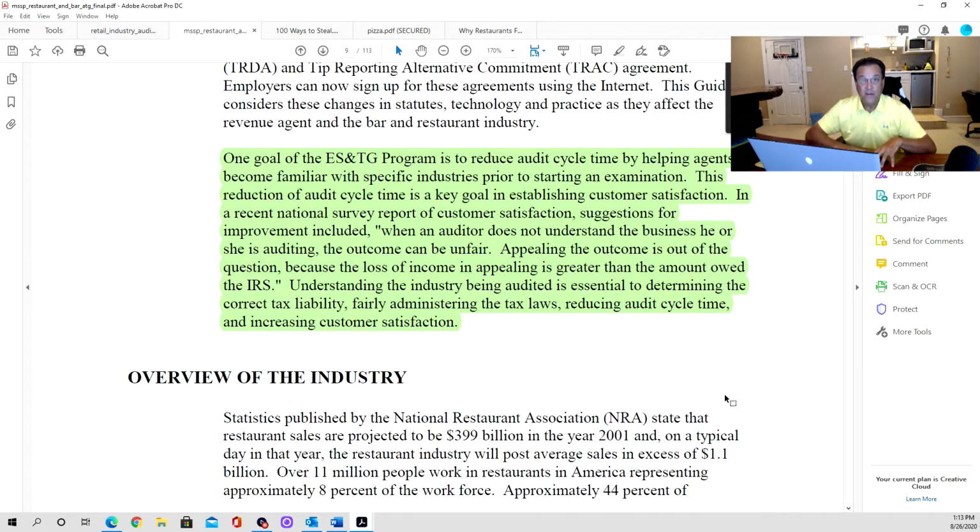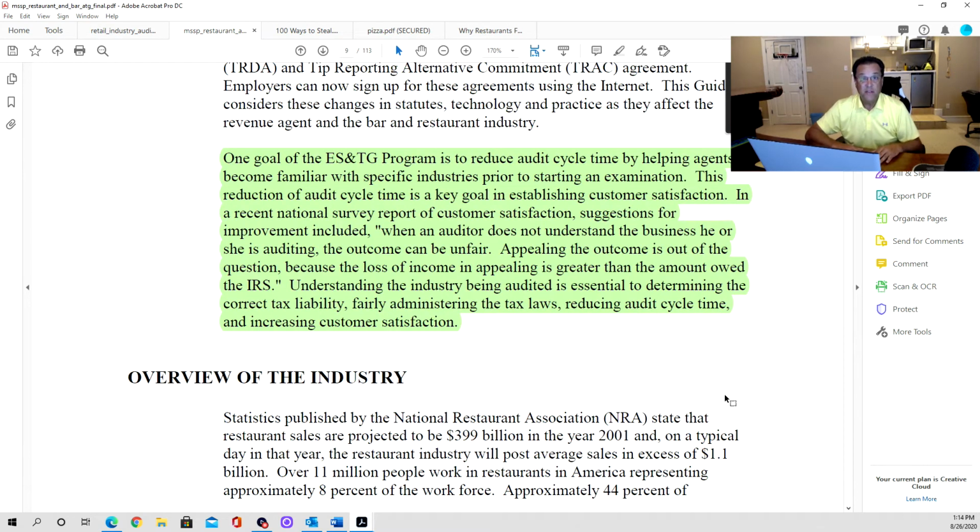And audit cycle times, just so you know, is one of, because I know a lot of agents, they get graded by moving their client load that they have to go audit off their desk. That's an audit cycle time. How long does that take you to start and stop? So I have always taken the approach, as well I'm recommending you do, is reduce that time. Reduce the audit cycle time and really beat the agent to the punch. Beat the agent till you know what they're going to do.